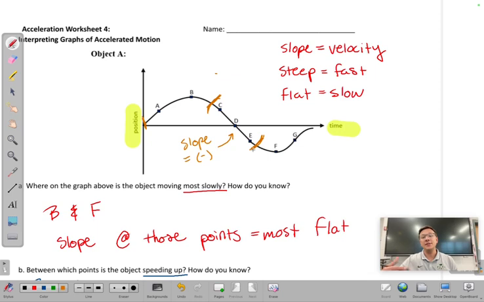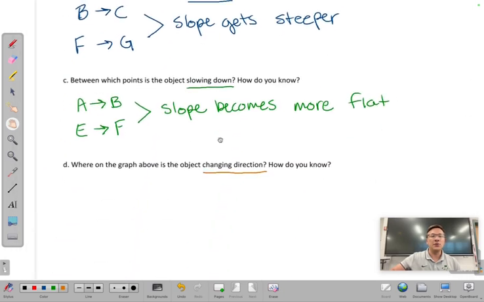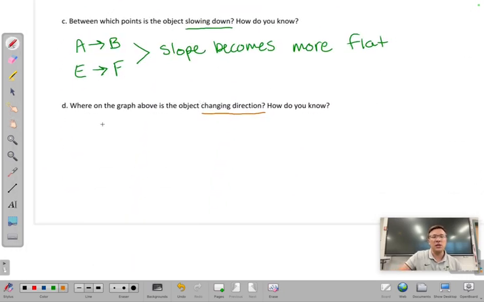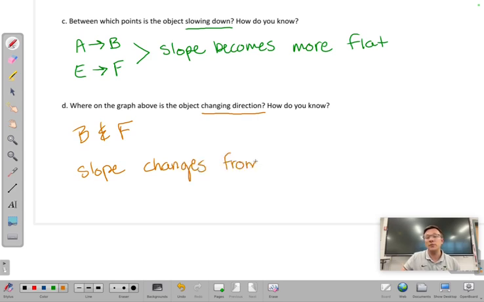So that indicates the object's always moving backwards during that time. So again, our answer here, we're just going to put B and F, and our reasoning there is that the slope changes from positive to negative, or negative to positive.